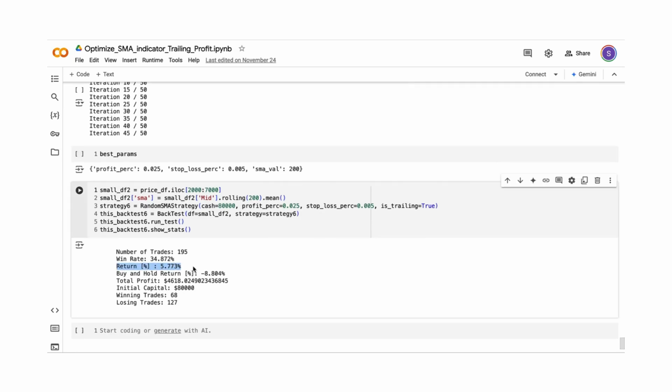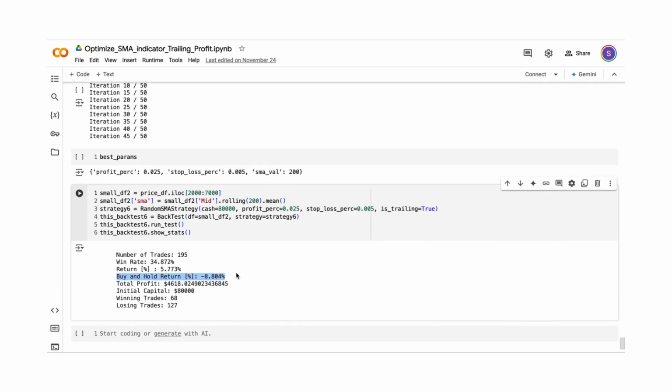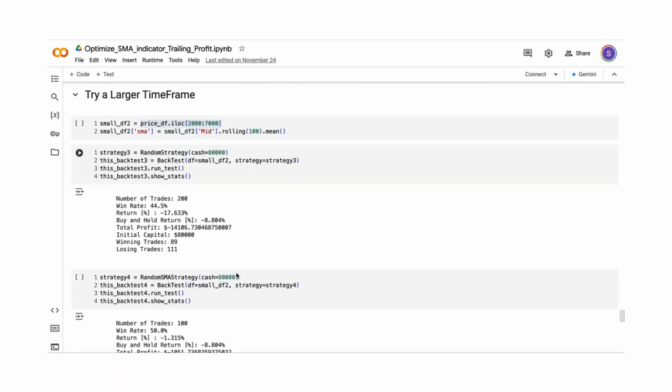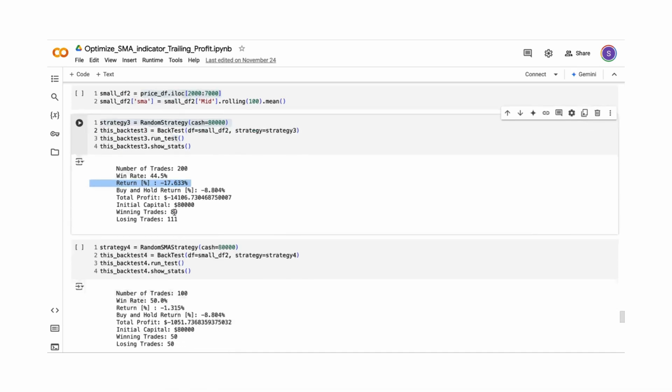See how we have been able to extract about 5.7%, which is a huge amount of return, about 15% more than the buy and hold return, which is literally amazing in a very small amount of time. So let's show again the progression of returns here. When we did a random strategy, our returns were worse than the buy and hold, minus 17%.